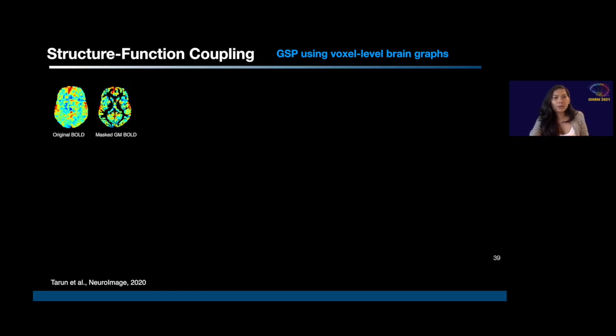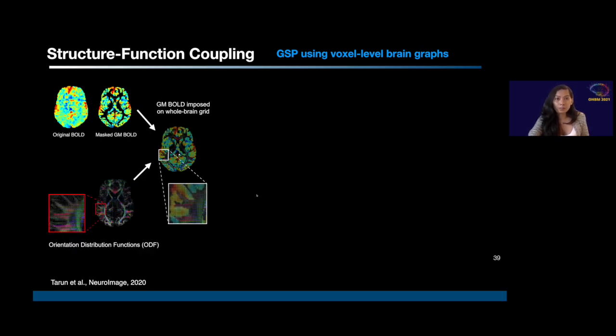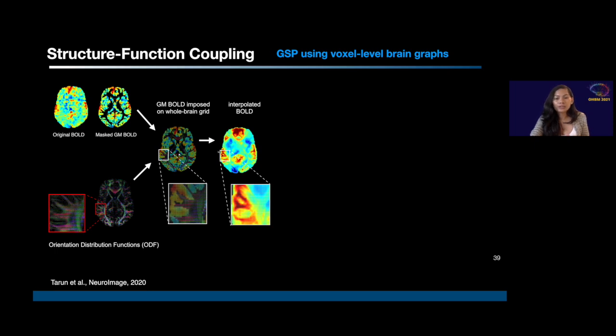In this case, we masked the gray matter BOLD signals, and then defined our gray matter signals onto the nodes of the voxel-wise brain graph, where we keep the values of the gray matter and set all the other values of the white matter to 0. When we did that, we were able to interpolate the BOLD signals also towards the white matter. And the information that it gives us is the following.